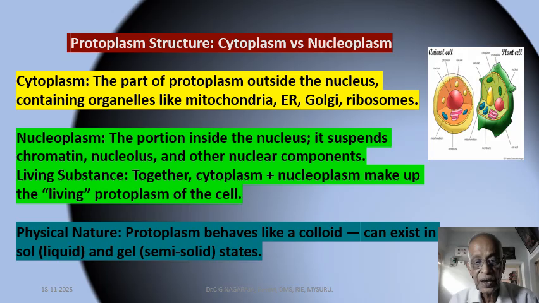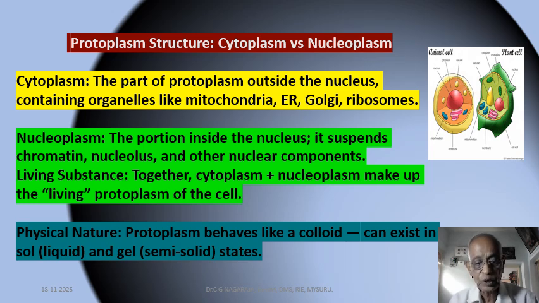That means both cytoplasm and nucleoplasm are different, having different structures in them. Together this living substance becomes protoplasm, that is cytoplasm and nucleoplasm. They make up the living structure called the protoplasm of a cell.